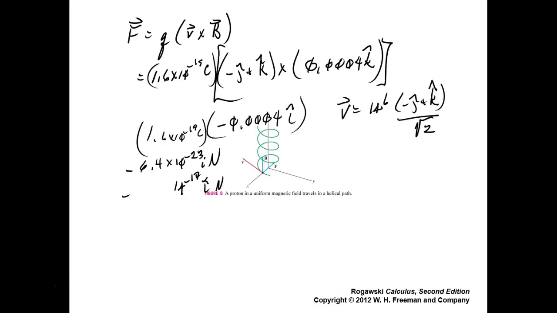And if you do that, you'll get the answer I think they do, a negative 4.5 times 10 to the minus 17 in the I, or the negative I direction. Okay, sorry, I'm misseeing that 10 to the 6th. I just thought they had a velocity of that. Okay, wrong.